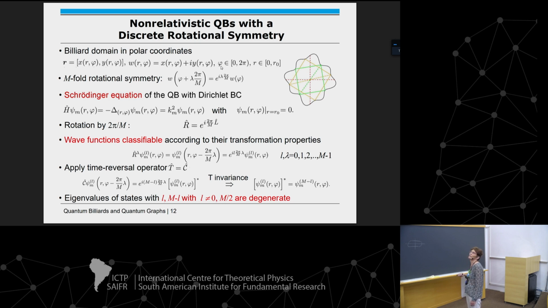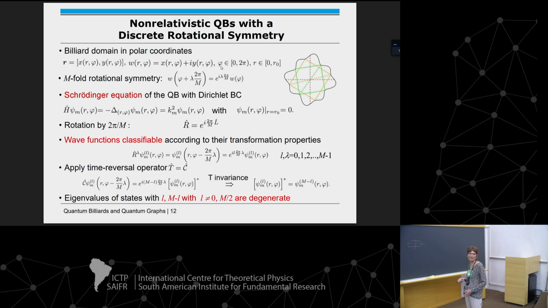And if m is an integer, then you have another one which just changes sign when you do the rotation. And the rest are all complex wave functions, and you have eigenvalues corresponding to states with symmetry class L, and m minus L will have the same eigenvalues.